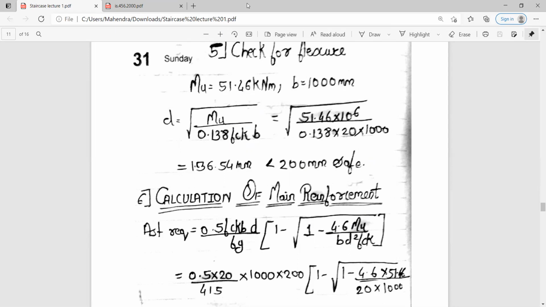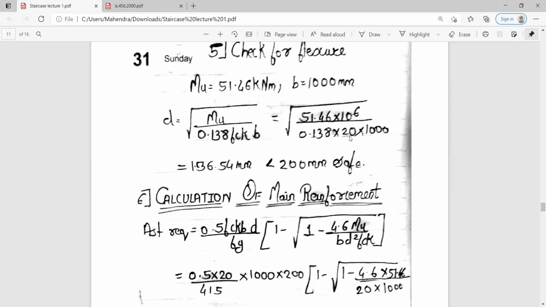B you are going to assume as 1000 mm, and the formula to calculate D is under root of Mu upon 0.138 fck into B. So substitute the values, convert it in mm, so multiply by 10 raised to the power 6.